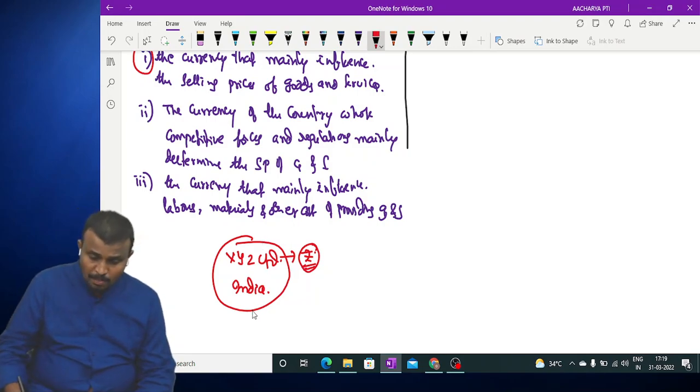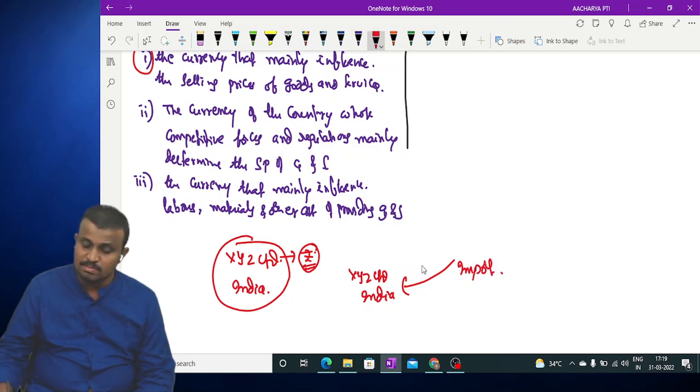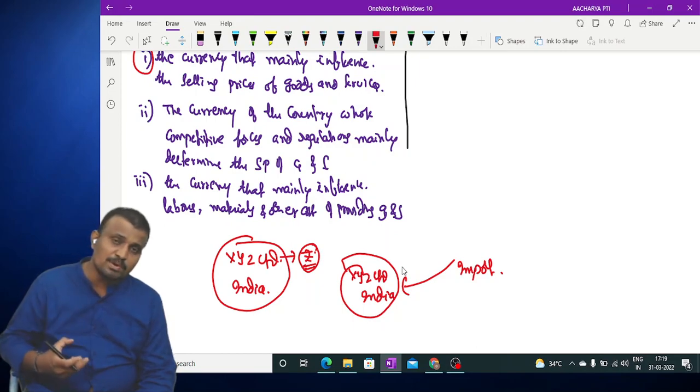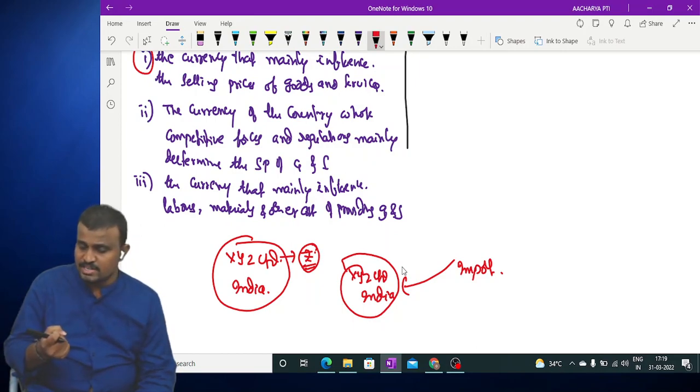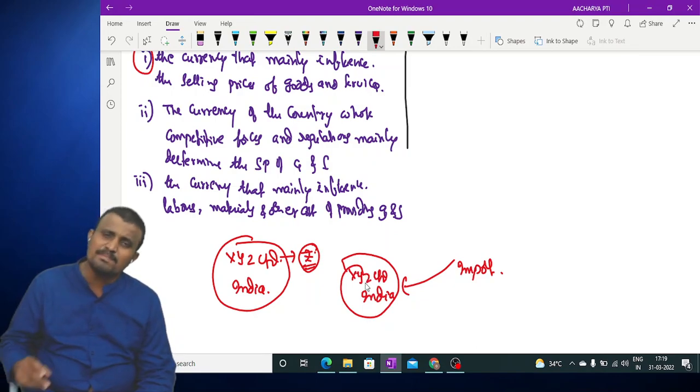For example, if XYZ Limited is an Indian company and it imports goods from outside India, and then by using those imported goods it produces products in India and trades in India or outside India, the party may purchase goods from outside India or from another country.